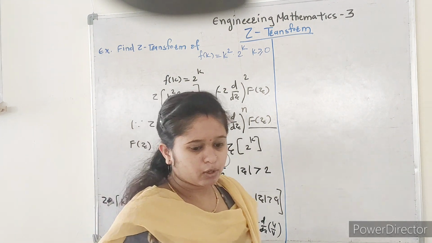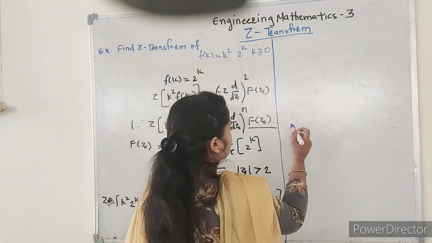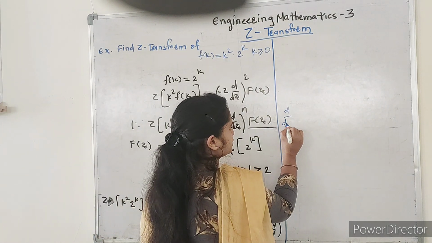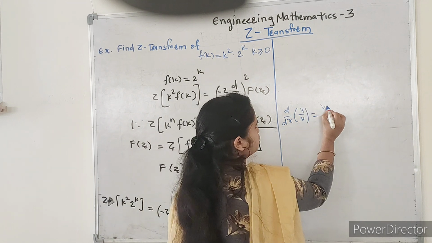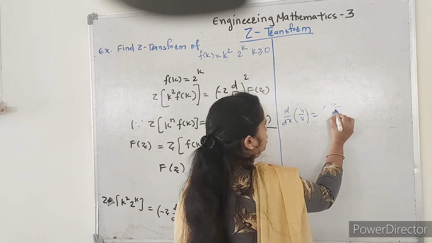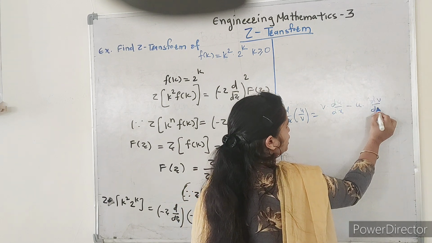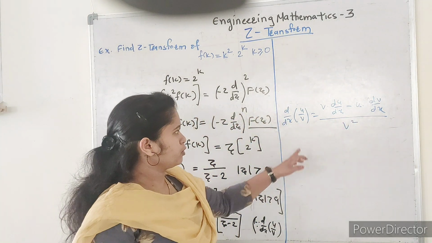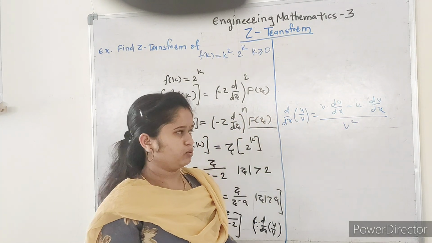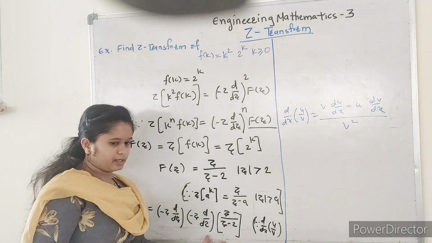First we check it. The derivative of u upon v is v into derivative of u minus u into derivative of v, upon v square. This is the formula for the derivative of u upon v. Using this formula, we solve this derivative.